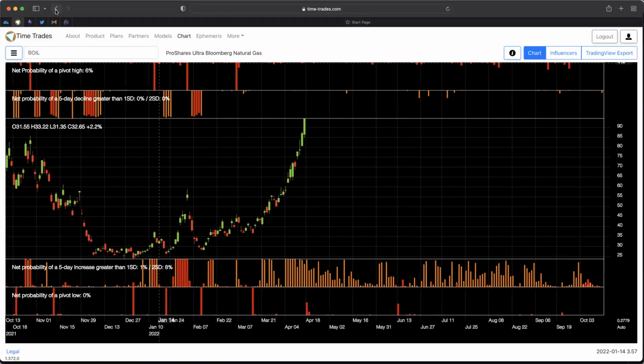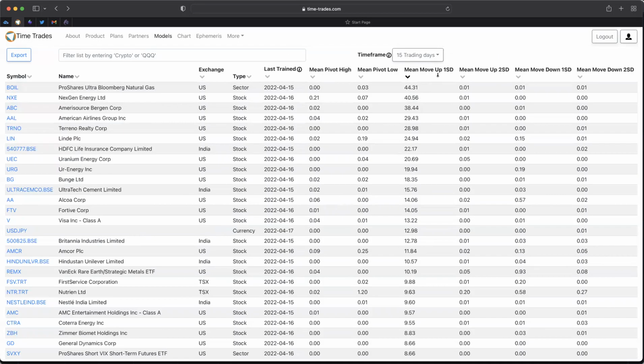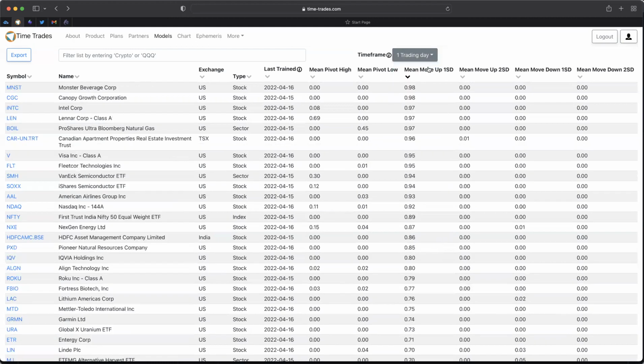So this is a really interesting addition because this lets you tune those future forecasts to your trading style, right? So if you're a shorter term trader, you want to see what's moving tomorrow, you can just click on one trading day and we can see that it looks like Easter weekend is a good weekend for energy drinks and pot stocks, go figure.